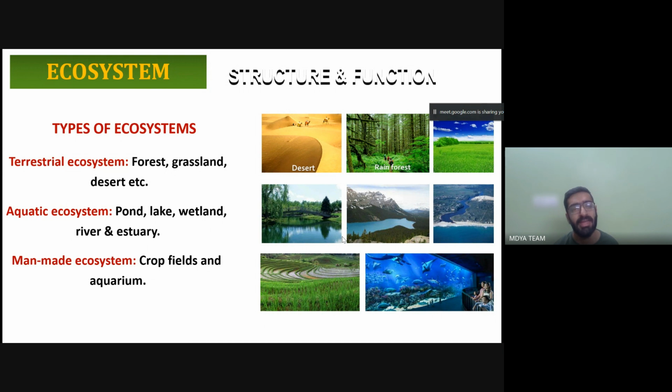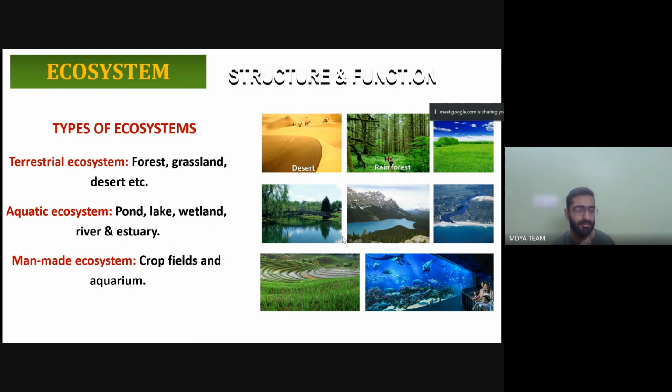The aquatic ecosystem consists of the water bodies. The species living in those ecosystems is called the aquatic ecosystem. It consists of the pond, lake, wetland, river, and estuaries. Next, the third point is the man-made ecosystem.